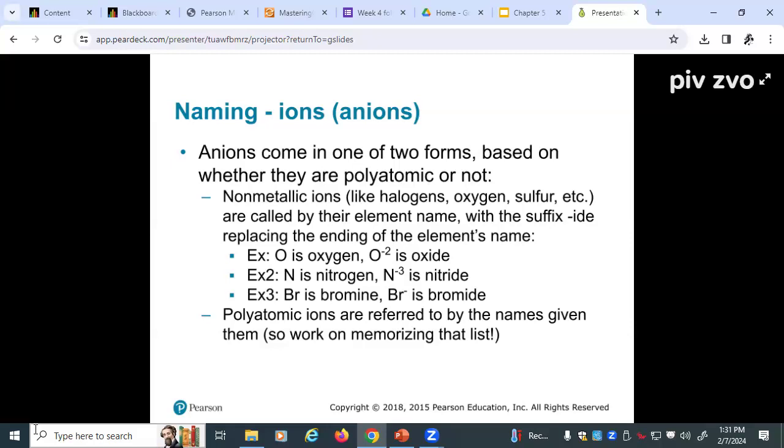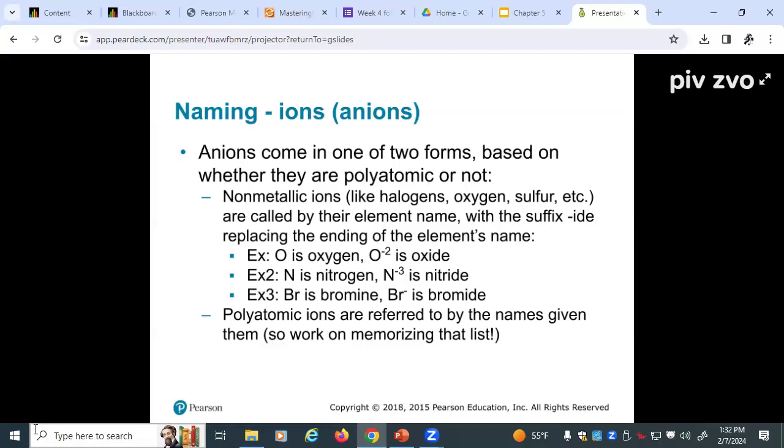Halogens are -1, oxygen groups -2, nitrogen groups -3. But the naming itself is relatively easy. Oxygen becomes oxide, nitrogen becomes nitride, bromine becomes bromide, chlorine becomes chloride.